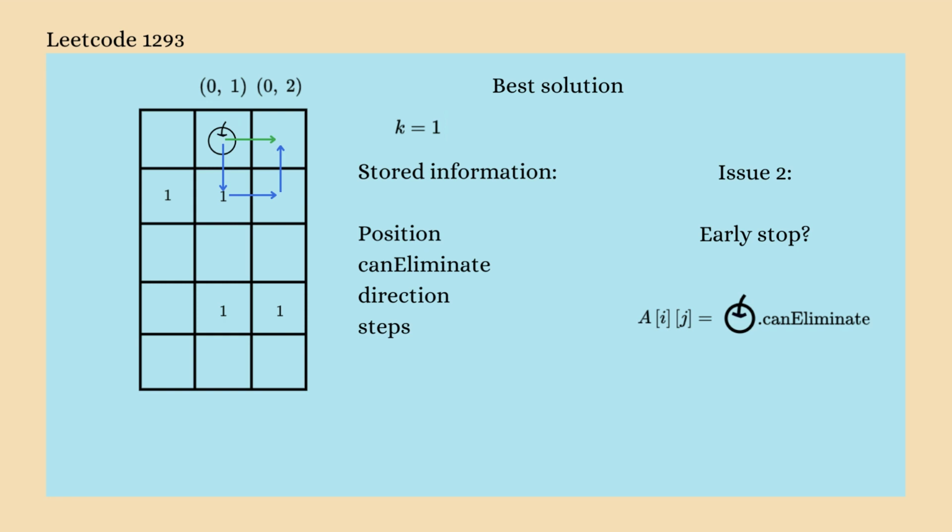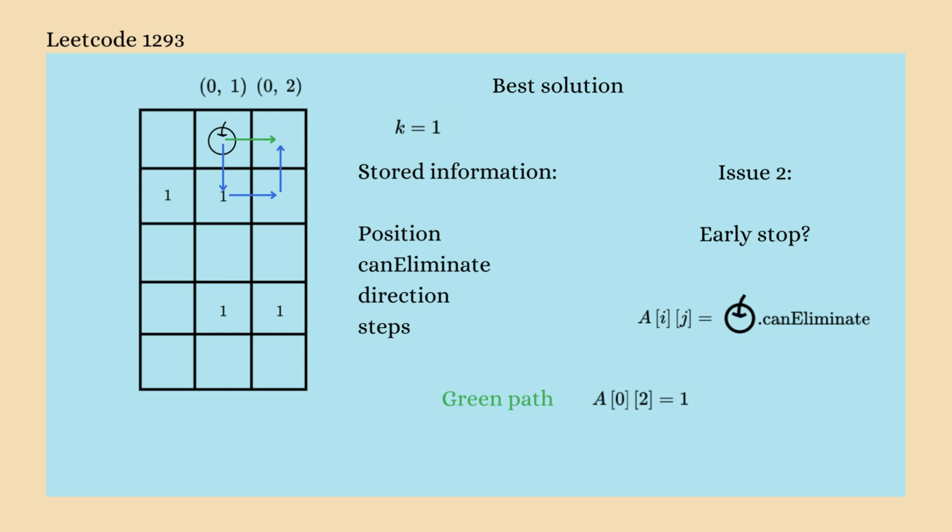If you think about this BFS strategy or queue strategy, you will find that we will arrive at the green path first, because green path takes fewer steps. Since this green path ends at 0, 2 position with can-eliminate variable equals 1, we update our capital A 0, 2 to be equal to 1.